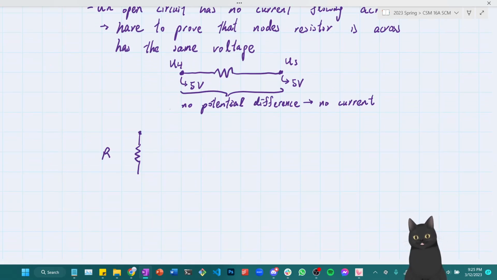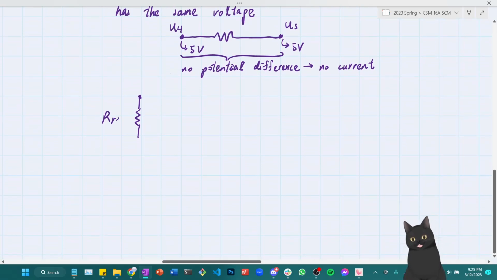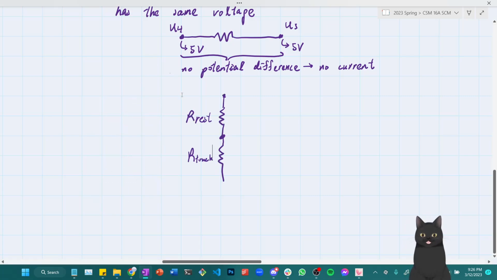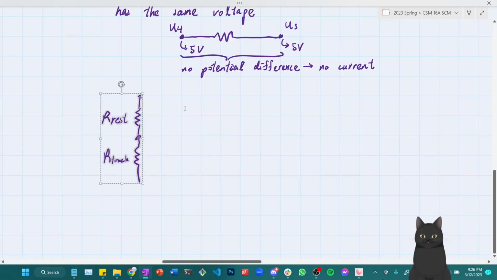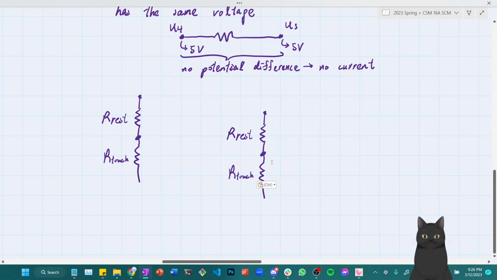So I'll have, I believe it's our rest at above, and our touch at below. I do this a couple of times, 3 times to be exact, because I want 3 pieces of this to happen in my circuit.